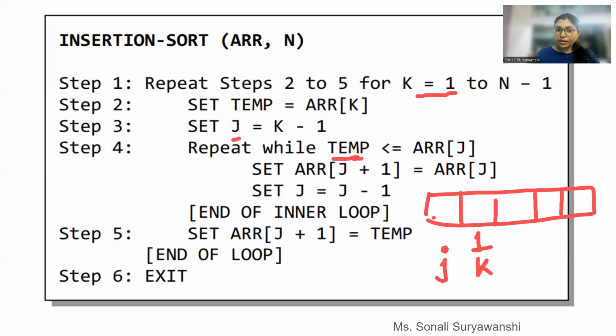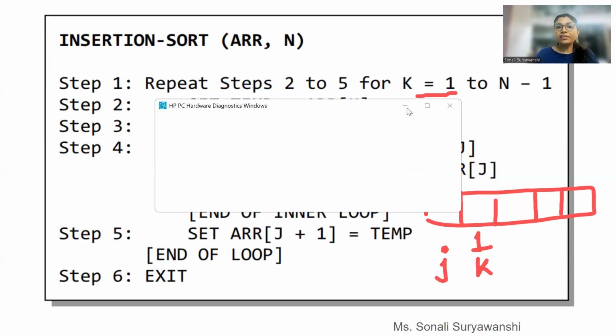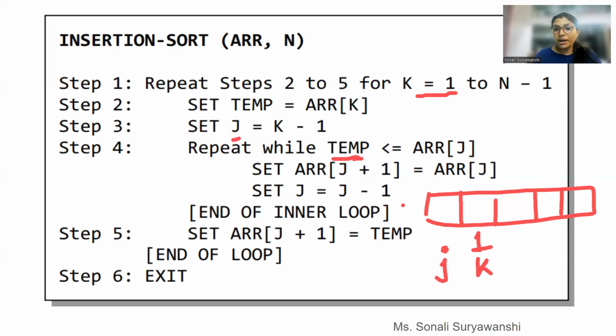What we are basically doing is that if the order is not maintained, then we are shifting the number. Now, which number are we shifting? The number that is pointed by j, we are shifting it to j plus 1. You can see set array of j plus 1 as array of j. It means if the order is not proper, we shift the j value.